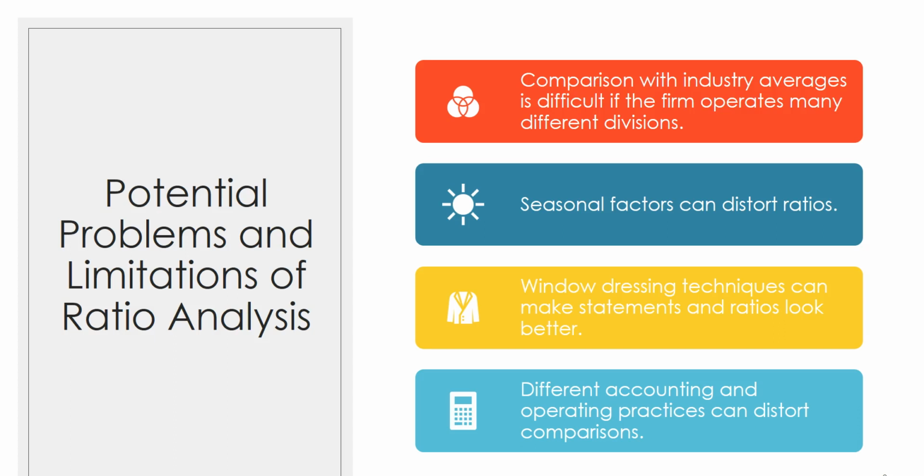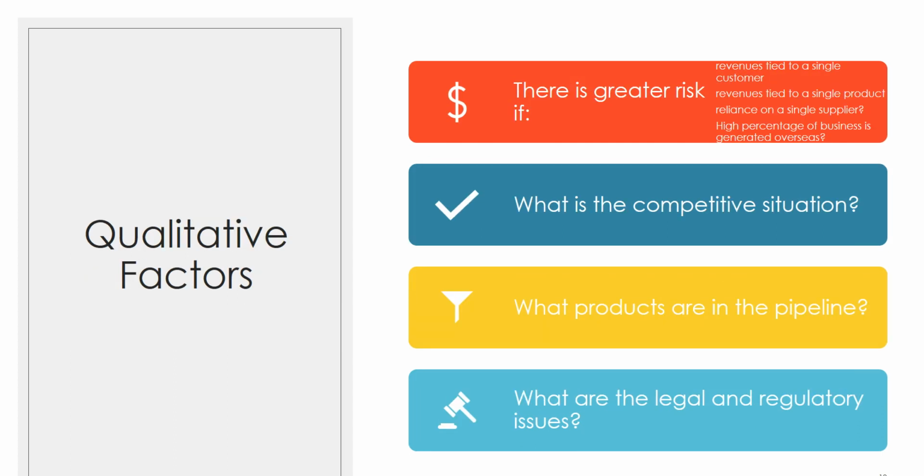Seasonal factors can distort ratios. So again, if we're looking at a retail store, their sales in December are going to be drastically different than their sales in July. And so we need to make sure that we could be comparing Target to Walmart at the same point in time. Otherwise, we could get distortions due to seasonality. Window dressing techniques can make statements and ratios look better. And different accounting and operating practices can distort comparisons.